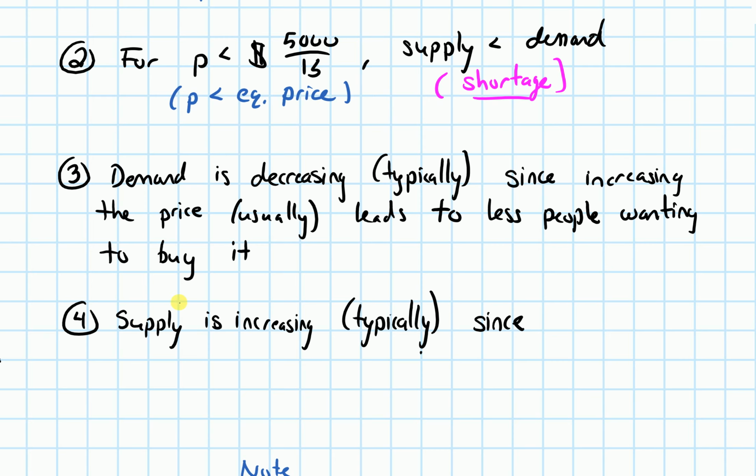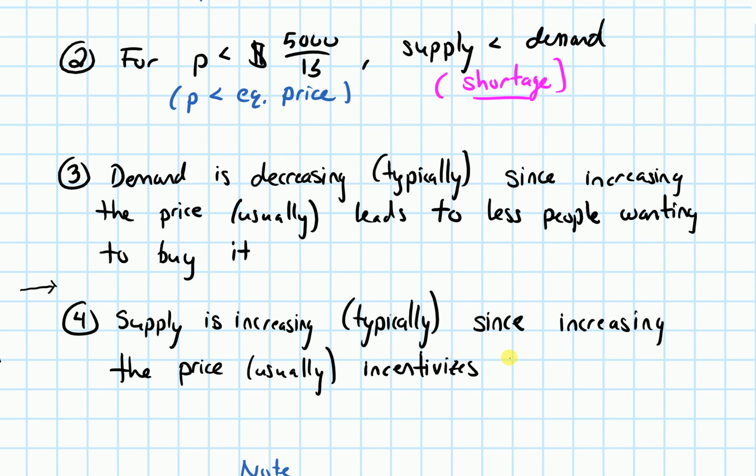Supply, on the other hand, is typically an increasing graph, since increasing the price, moving to the right in the graph, usually, if we think about it from the supplier or the provider or the producer, whoever's eventually going to be selling this item, when they can price it higher, it incentivizes the producer to supply more of that item to the marketplace.